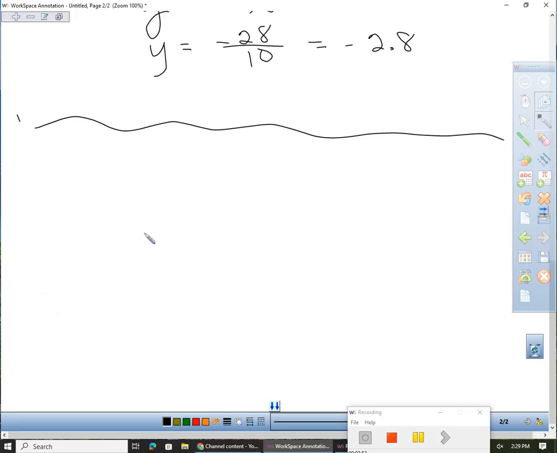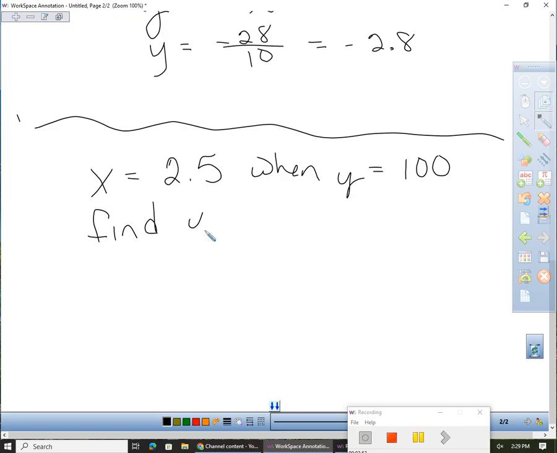Let's say x equals 2.5 when y equals 100. Find y when x equals 10.